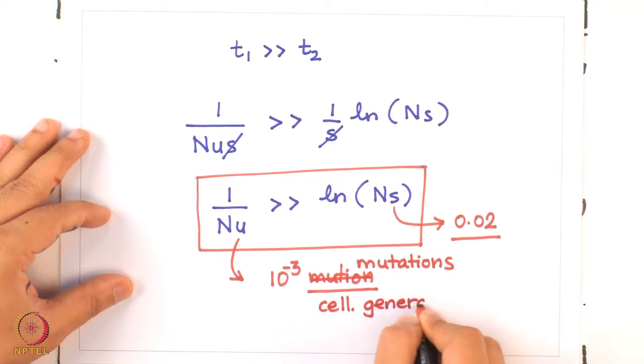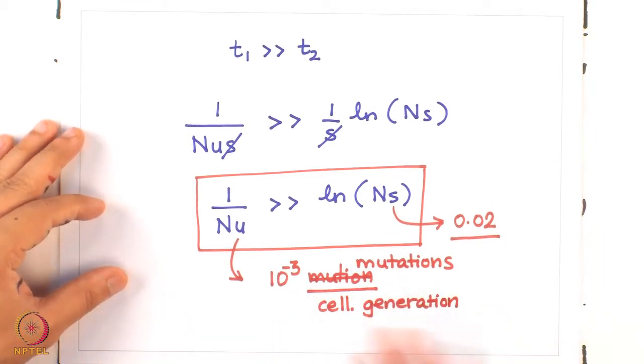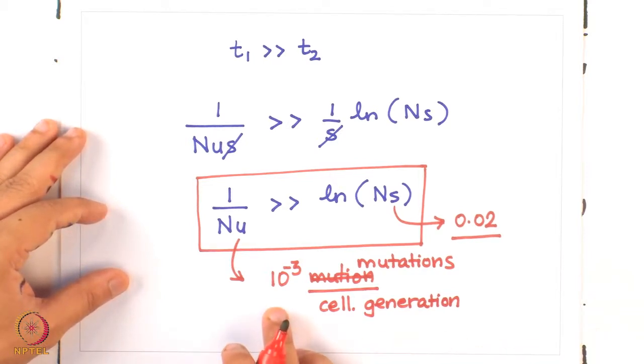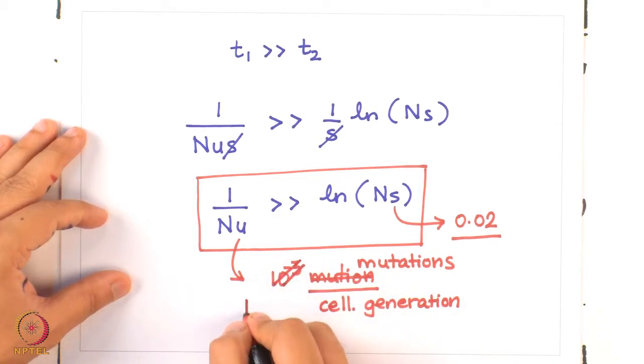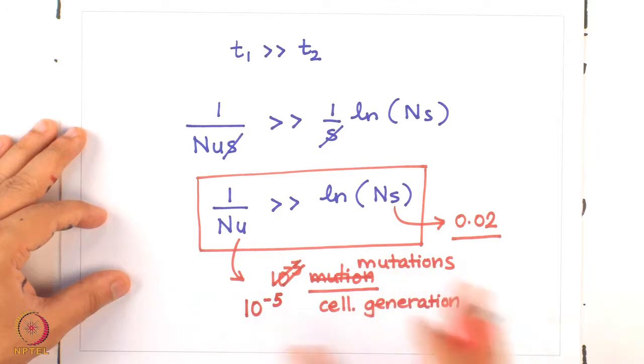Now, we understand that this mutation rate encompasses all mutations: deleterious, lethal, neutral and beneficial. So the beneficial mutation rate is bound to be lower than this, and if we imagine that 1 in 100 mutations is beneficial in nature, this mutation rate can be estimated as 10 to the power minus 5 mutations per cell per generation which are beneficial in nature.